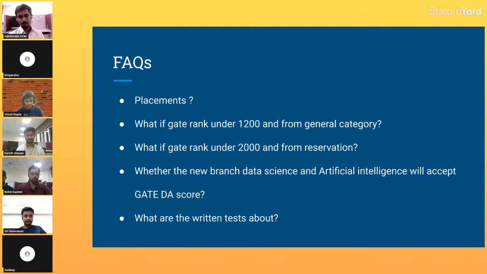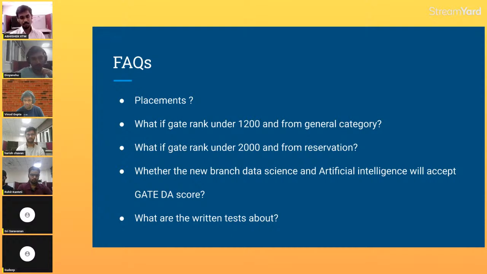Okay, so as I mentioned, the placements of MS at IIT Madras are very good. It's almost equal. You can say that the median package last year was almost greater than the median that M.Tech CSE had at IIT Madras. So we can see the data that IITM released last year.